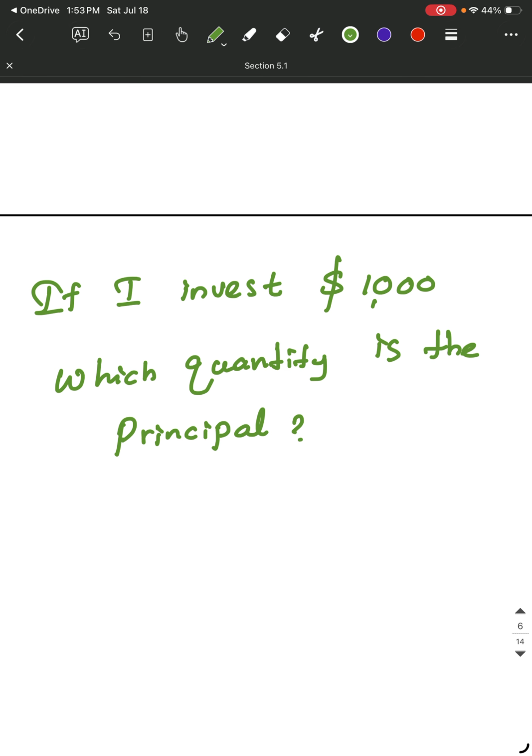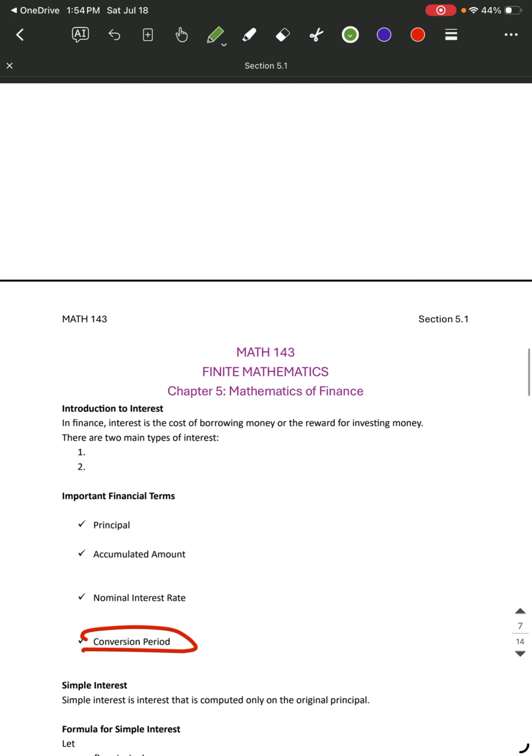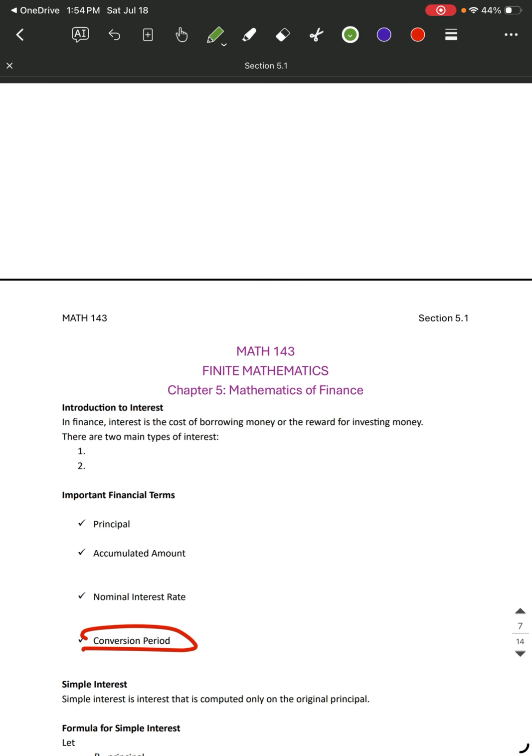The principal is the amount borrowed or deposited. So the answer should be $1,000. Okay, as I mentioned earlier, there are two types of interest.